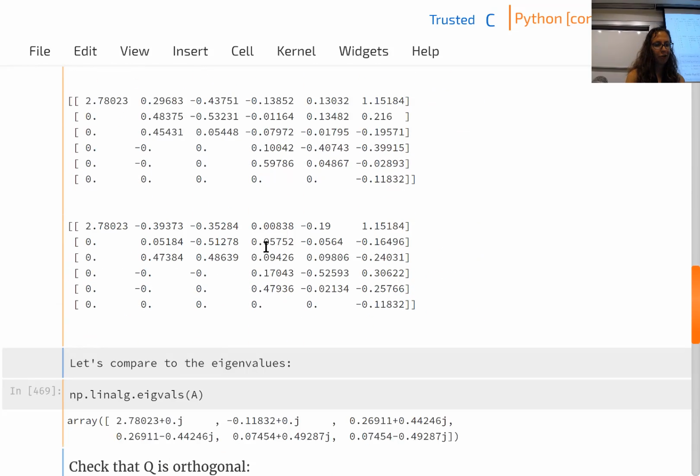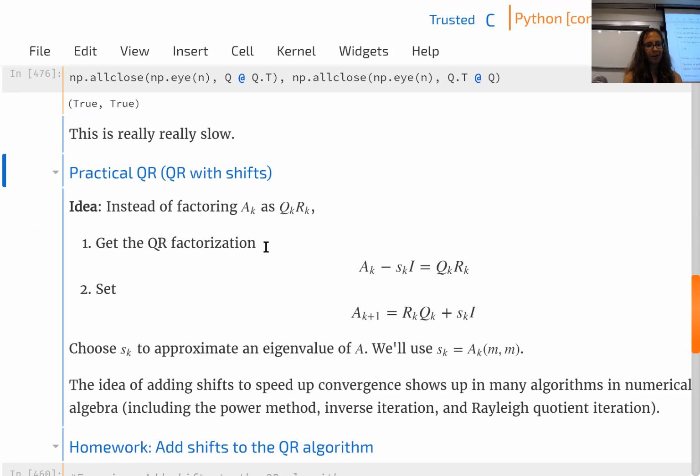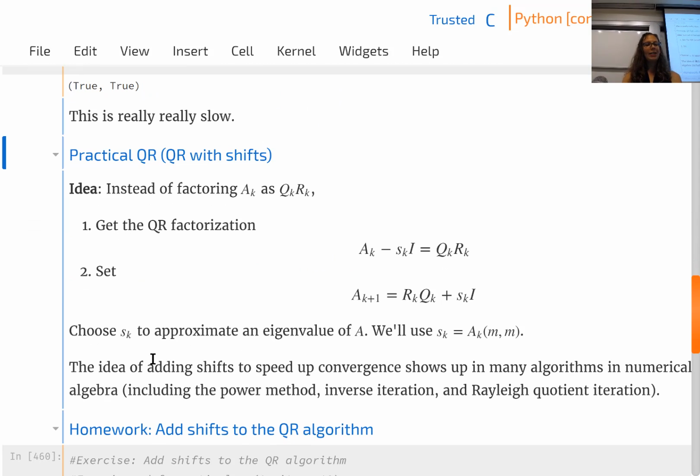And the recommendation is that ideally you want s_k to be an eigenvalue that you've already calculated. You can just use a value from the diagonal of where you're currently at for that. Any questions about this?